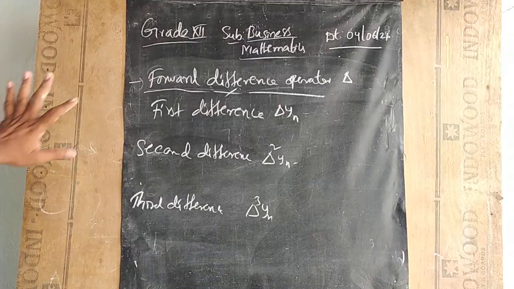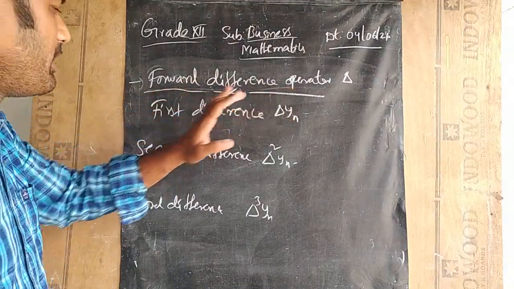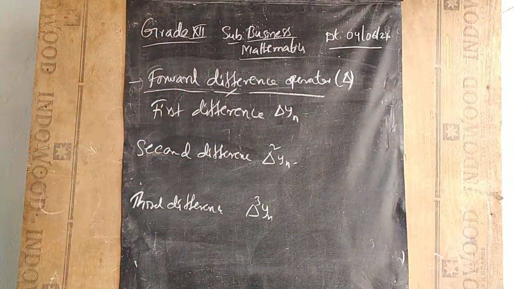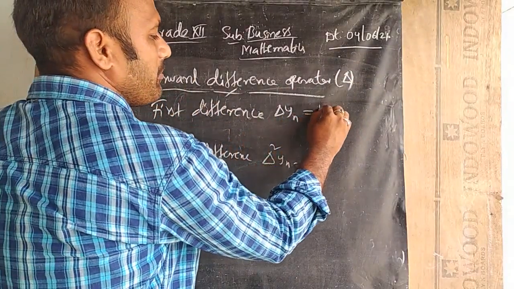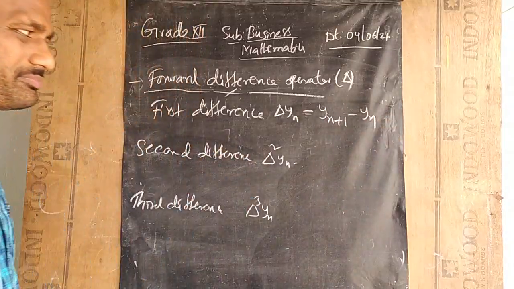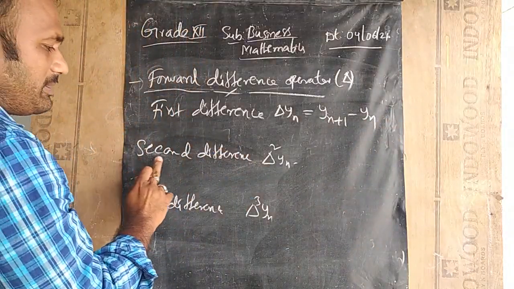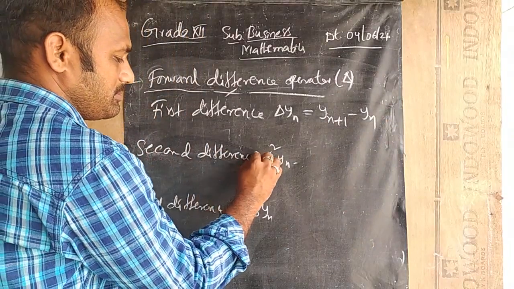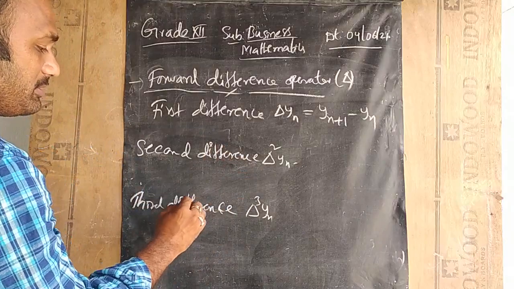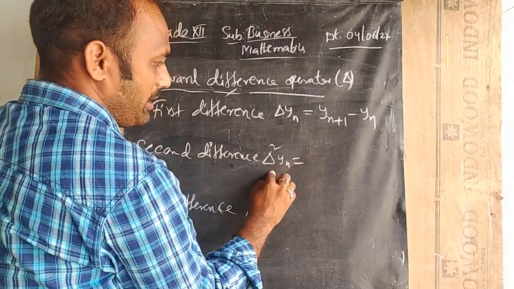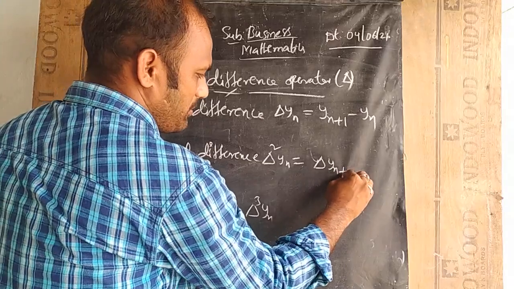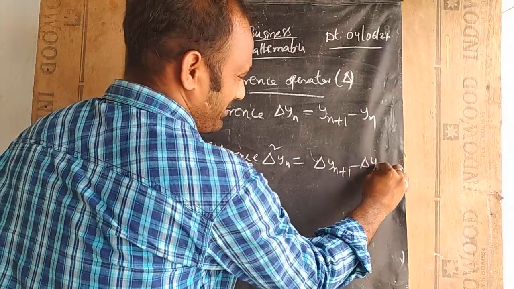Okay, students, now the forward difference operator delta. Already we have learned the first difference, delta yn, which can be written as yn plus 1 minus yn. But if I am asking for the second difference, delta square yn can be written as delta yn plus 1 minus delta yn.